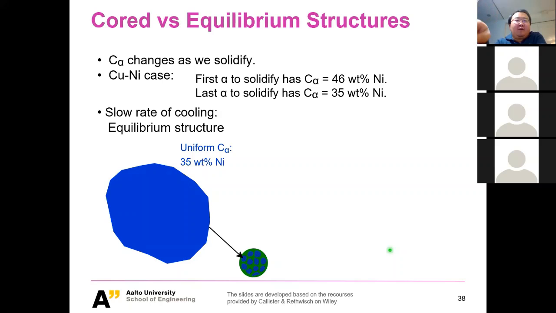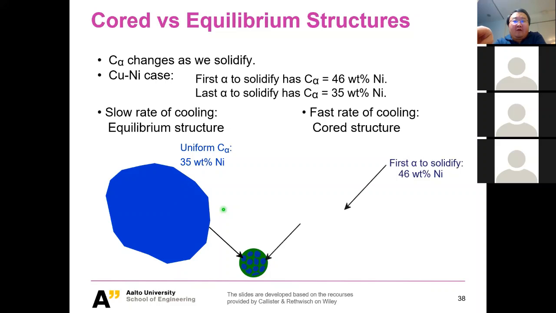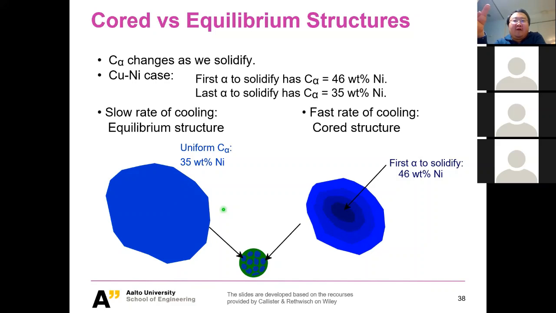So in reality, instead of a uniform alpha phase of your copper nickel structure, you usually have a faster cooling rate. With that, instead of becoming uniform, you will have a cored structure.